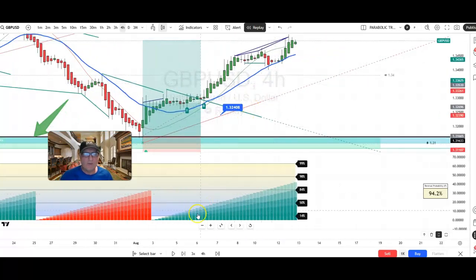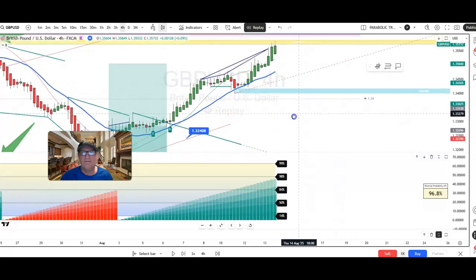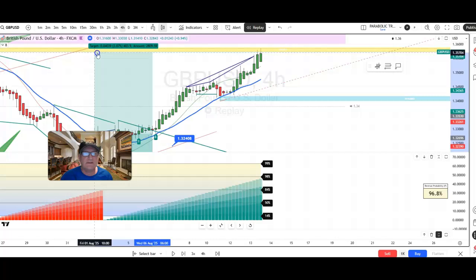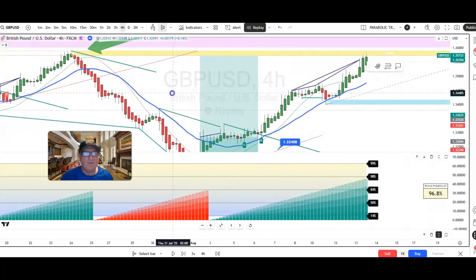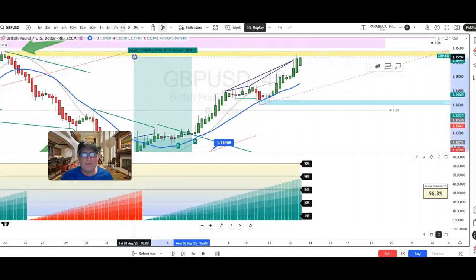So let's wind it forward a little bit more. Still going. You've made a lot more money there than I did. But we can see that this yellow zone here has already been drawn by the Advanced Pro charts.